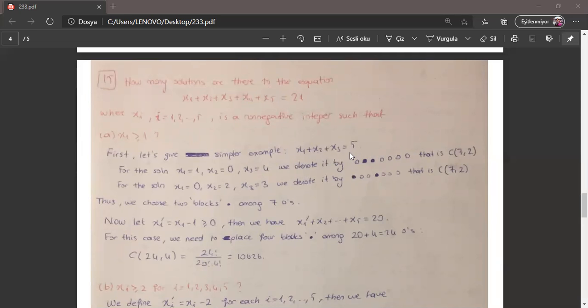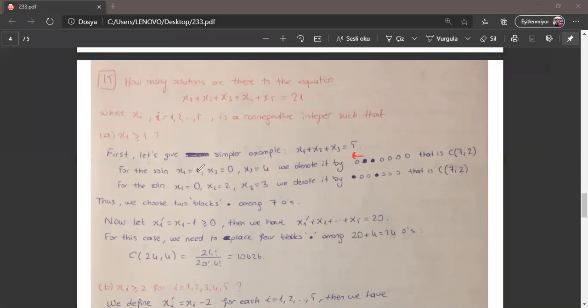So if we have this equation, for example, for this solution, 1, 0, 4, we'll denote it by these little o's, okay? So, for example, what does that mean? If we put these 2 dots or blocks together, to the left of this block, we have 1 empty dot, right?